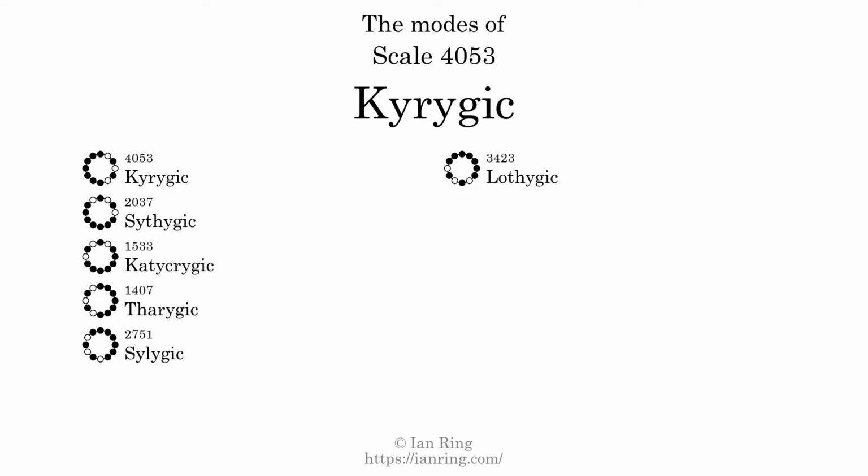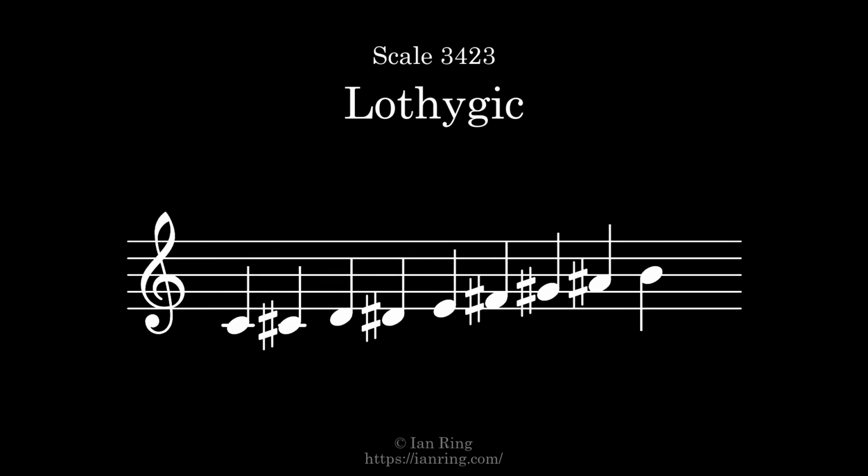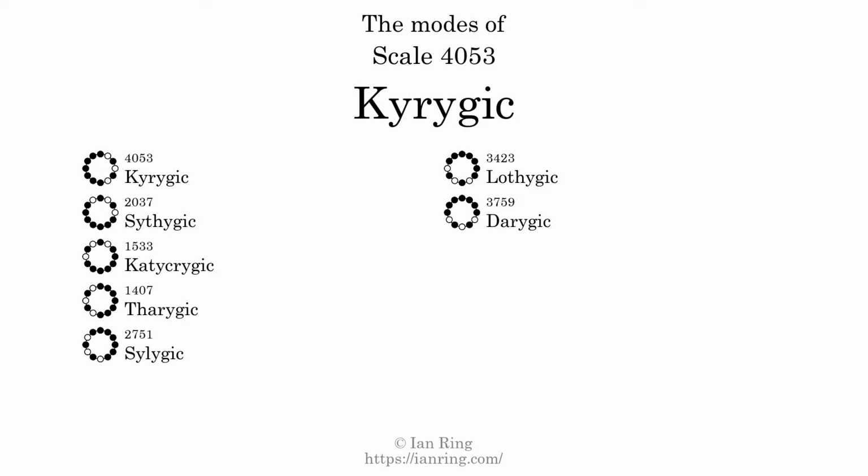The sixth mode is scale 3423, also known as Kyrygic. It sounds like this. The seventh mode is scale 3759, also known as Kyrygic. It sounds like this.